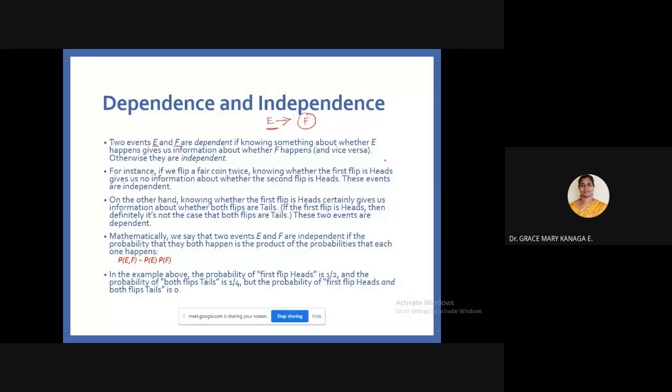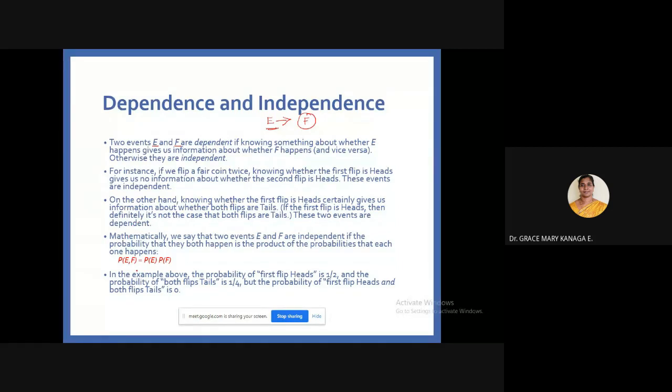On the other hand, knowing whether the first flip is head certainly gives us information about whether both flips are tails. If the first flip is head, then definitely it is not the case that both flips are tails, right? So these two events are dependent.